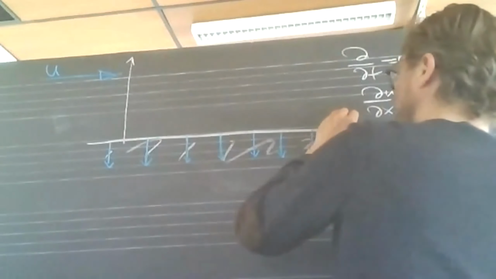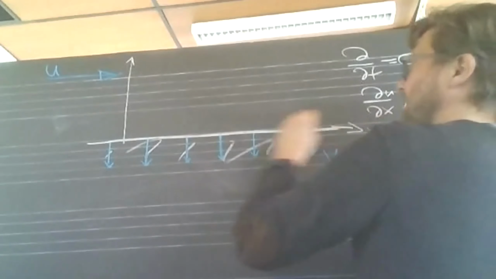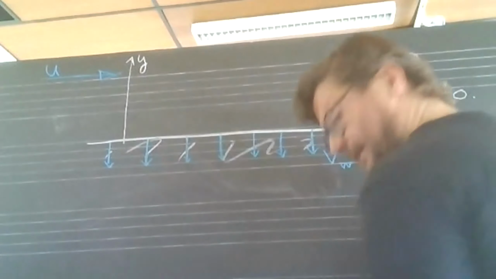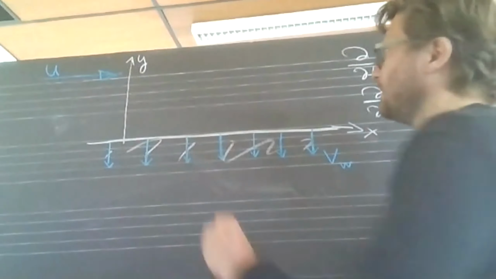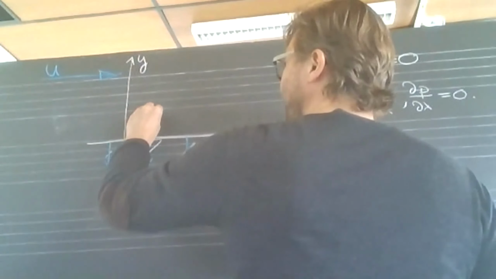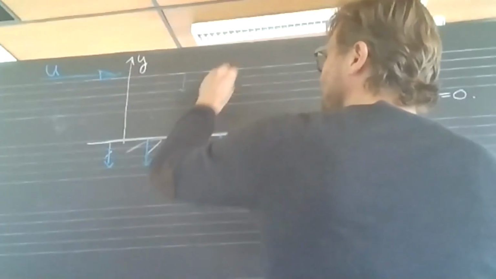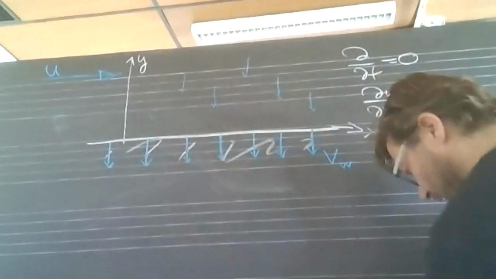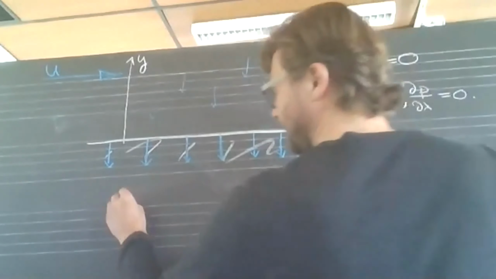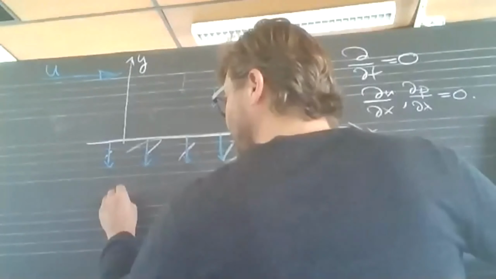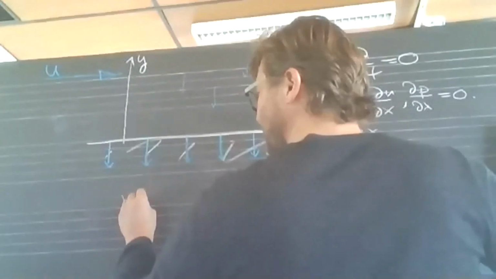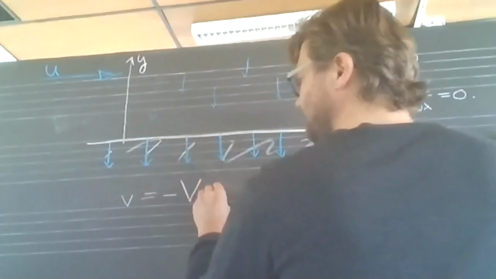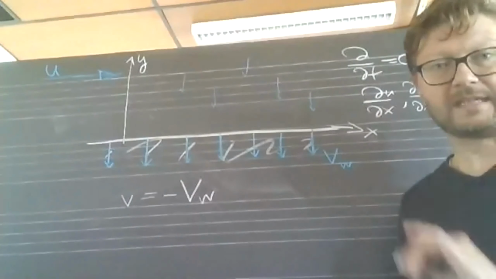Finally, we're gonna assume, or actually you can even show that, but we're not gonna do it, that if this again is the x direction, this is the y direction, that there is a flow field everywhere such that V is equal to minus VW, right? And that's true everywhere.